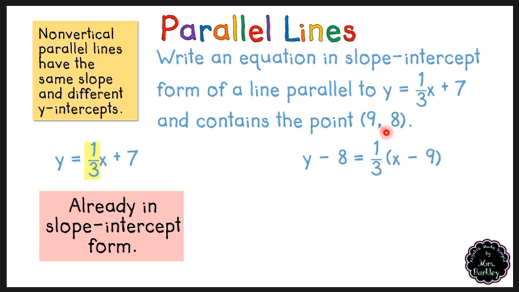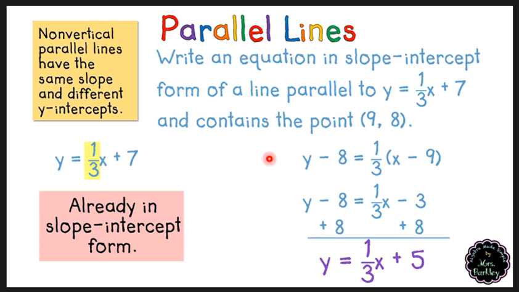We would distribute the 1/3 to both terms in the parentheses. So the equation would be y minus 8 equals 1/3 x minus 3. We would add 8 to both sides, and our equation of our parallel line would be y equals 1/3 x plus 5.